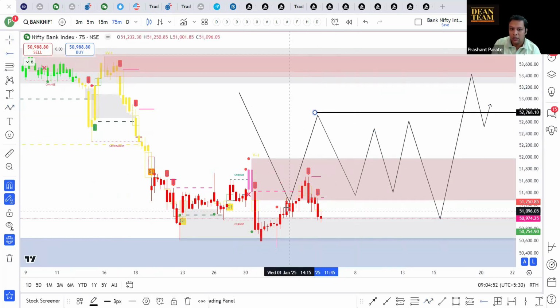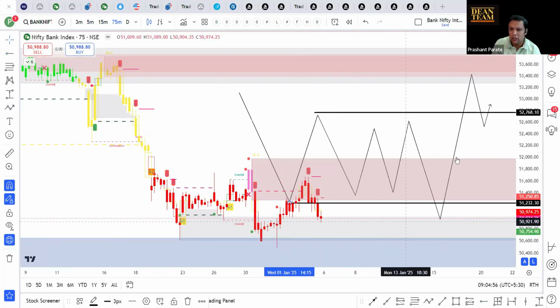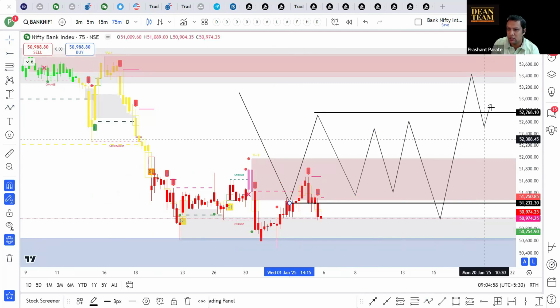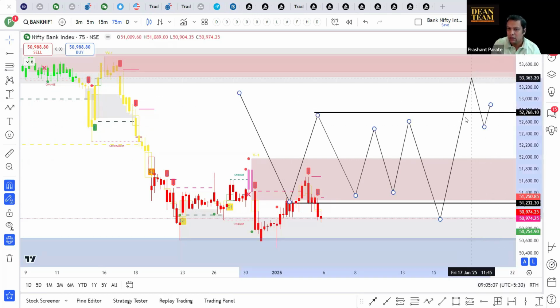This is our upper area of trading range, lower area of trading range. It can create a spring, go up, create upthrust, come down, and fail and come down again. So this will create upthrust and fail, or else it can stay below this.